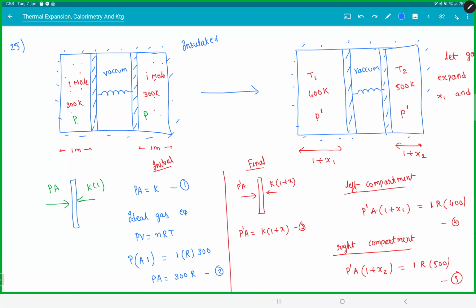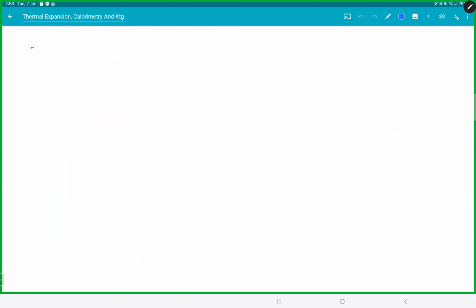So initially both the gases are identical, so you'll get only one ideal gas equation. Finally, you'll get 2 different ideal gas equations because the temperature is different. Initial piston one equation, final piston one equation. Total 5 equations you'll get. So 2 force equations and 3 gas equations. Then from here, add equation 3 plus equation 4.